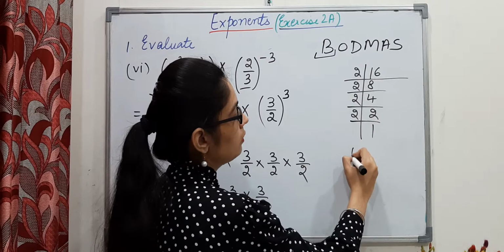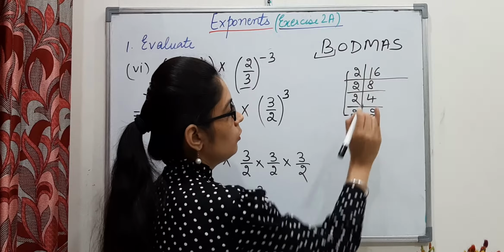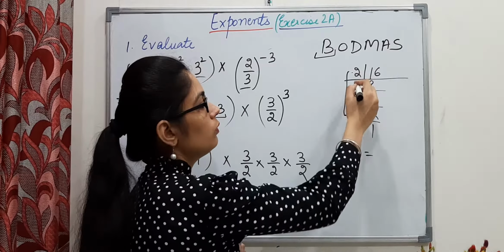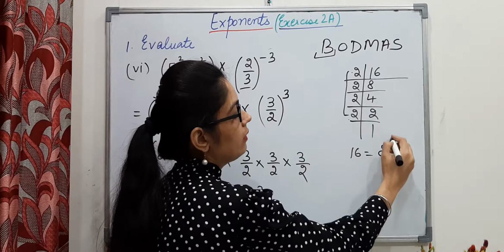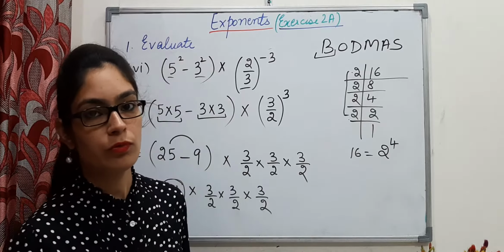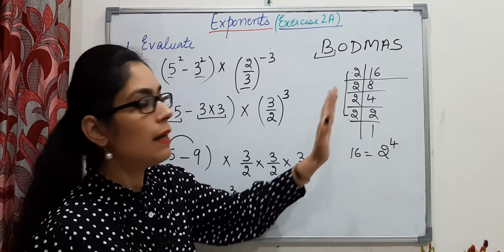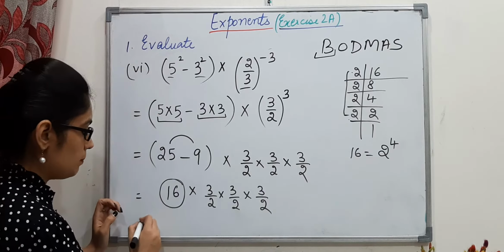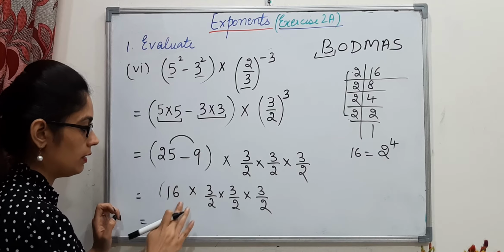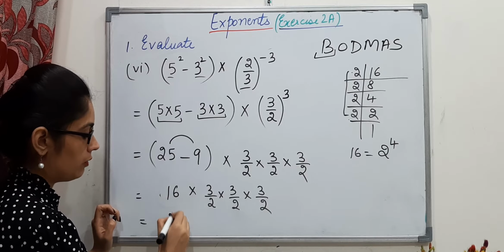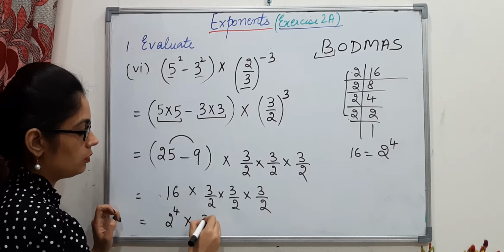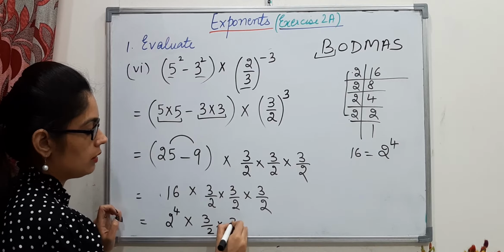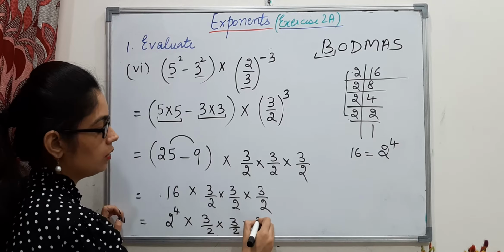So the factors of 16 are 2, 4 times. See, 2 into 2, 2 into 2, 2 into 2. So we can write 16 is equal to 2 to the power 4. So 2 is getting multiplied by itself 4 times. So 16 is 2 to the power 4. So here in place of 16, we can write 2 to the power 4 into 3 by 2 into 3 by 2 into 3 by 2.